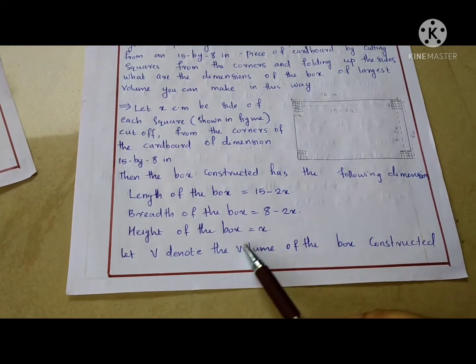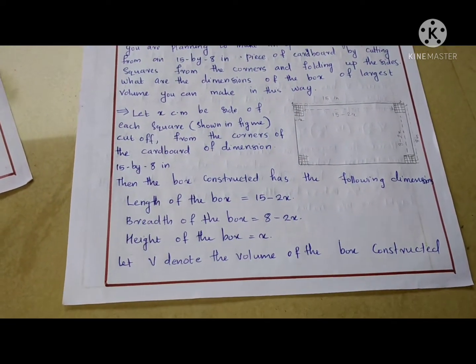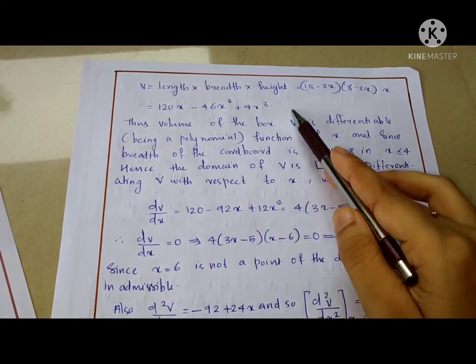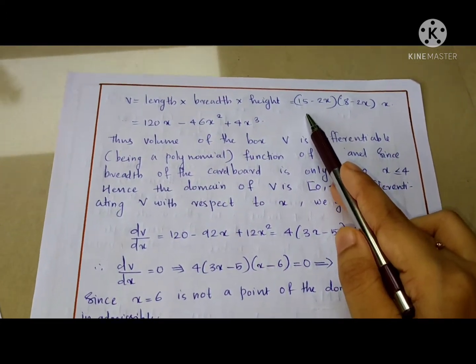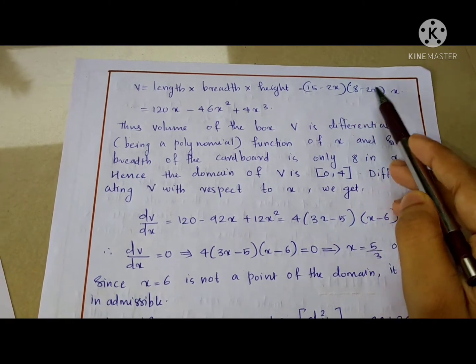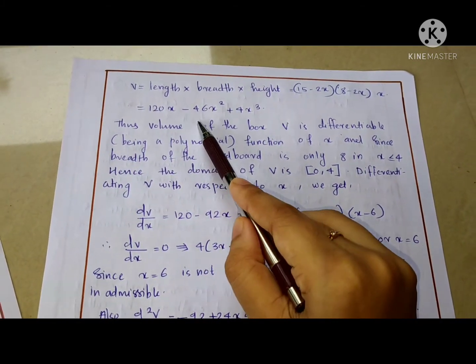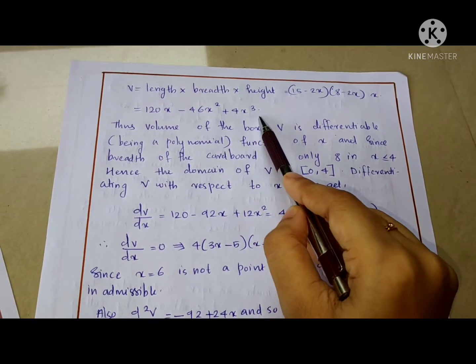Let V denote the volume of the box constructed. V is equal to length into breadth into height, that is equal to 15 minus 2x into 18 minus 2x into x, that is equal to 270x minus 66x square plus 4x cube.